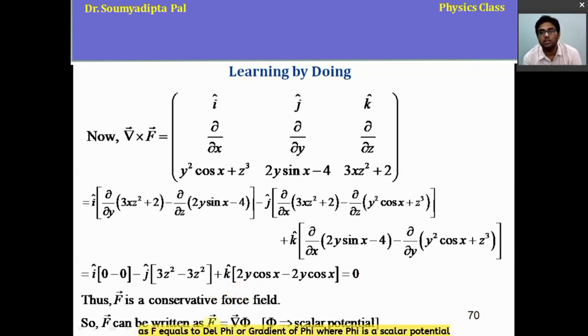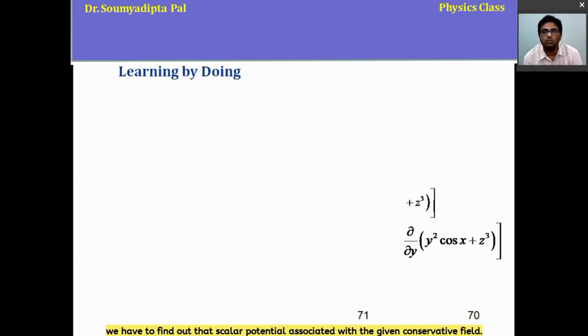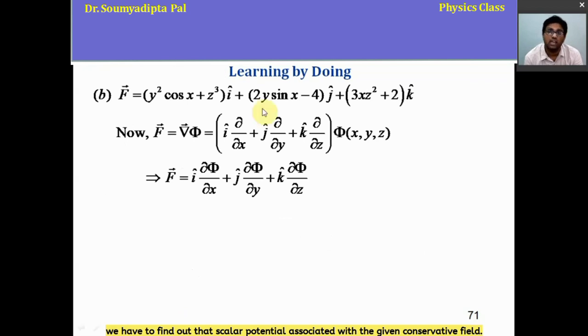Okay, thus we can say the given force field is conservative in nature, and for that it can be written as F equals del phi, or gradient of phi, where phi is a scalar potential or scalar field, right? Now we have to find out the scalar potential associated with the given conservative field.